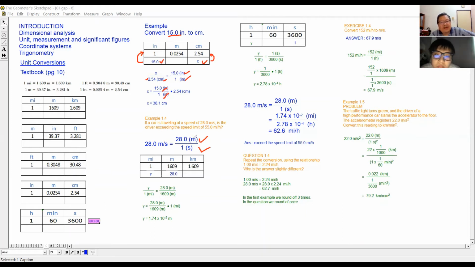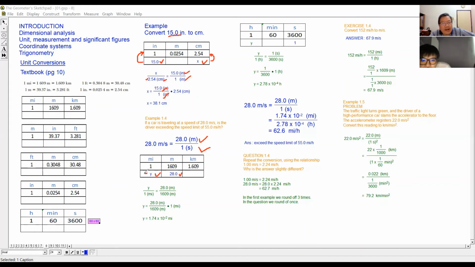The meter, I try to convert to mile. So I copy the table: 1 mile is 1609 meter. Now I have 28 meters, so I put down 28 below. And I want to know how many miles, so I call it an unknown y.